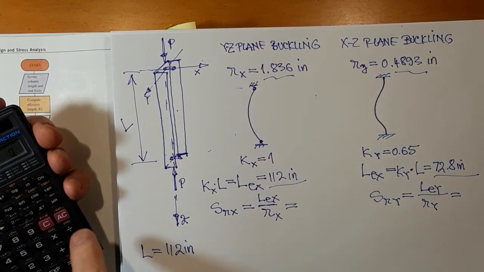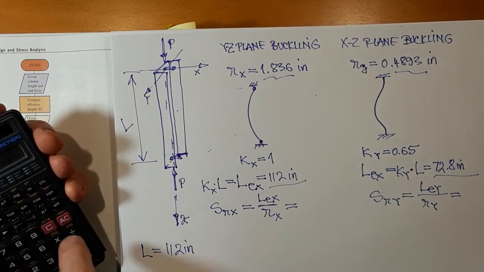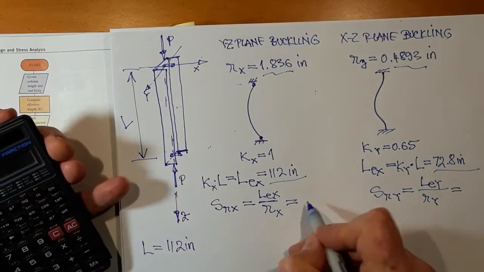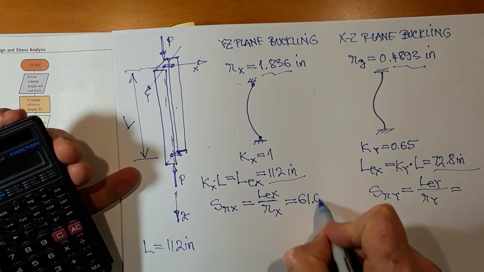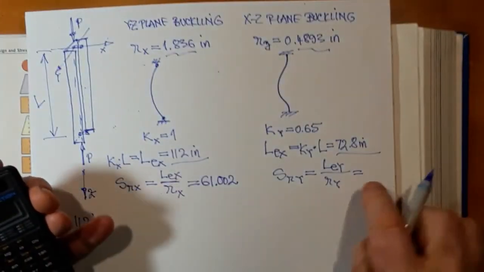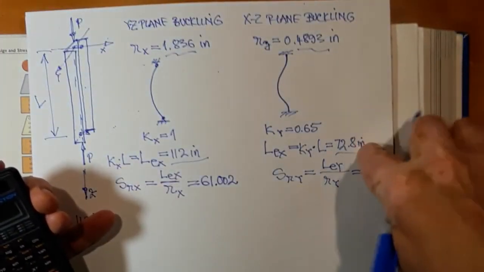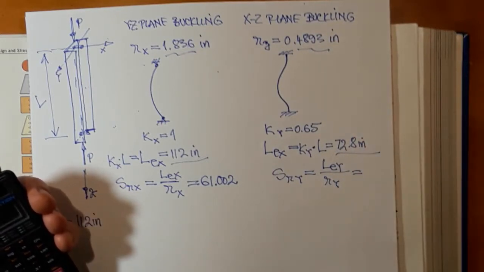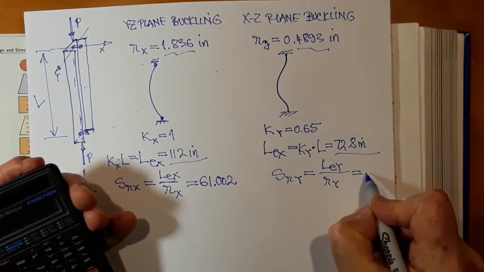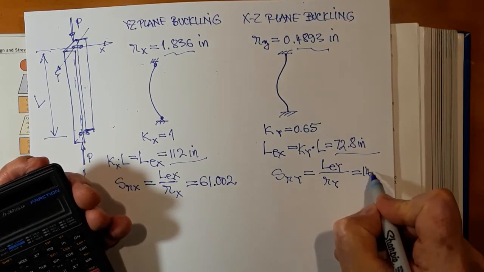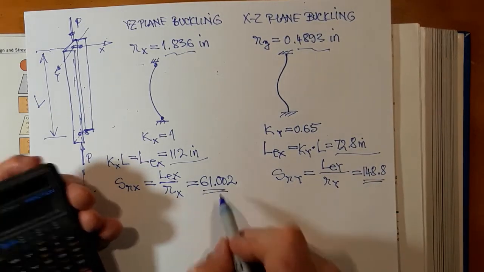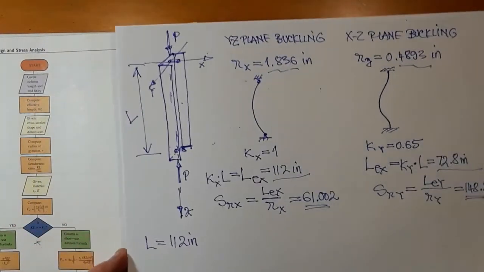So 112 over 1.836. This is 61.002. This other one, it's 72.8 over 0.4893 equals. This is 148.8. Alright, so we have the slenderness ratios.